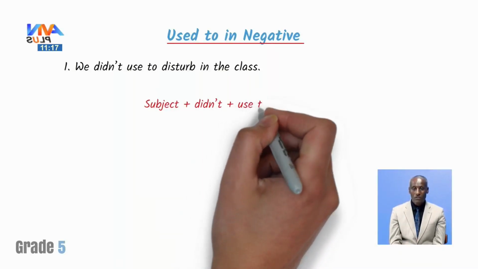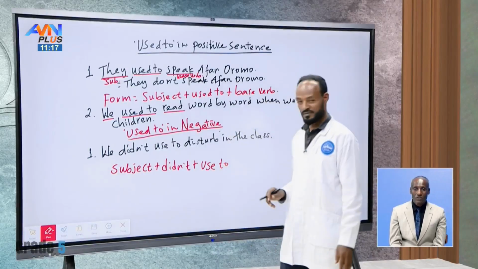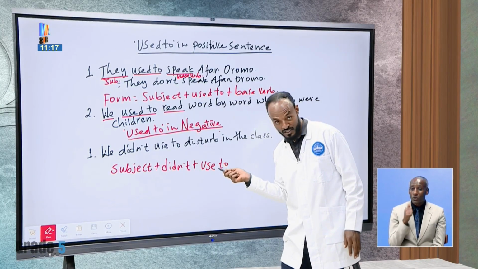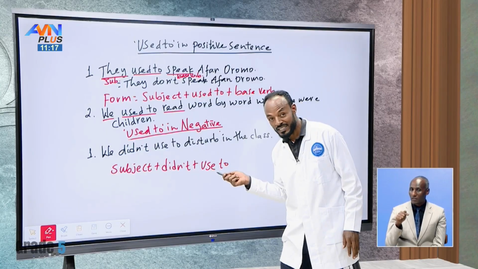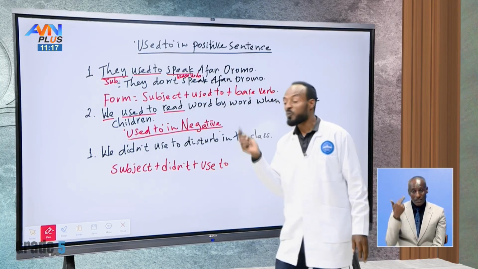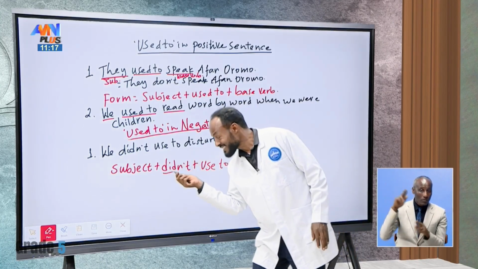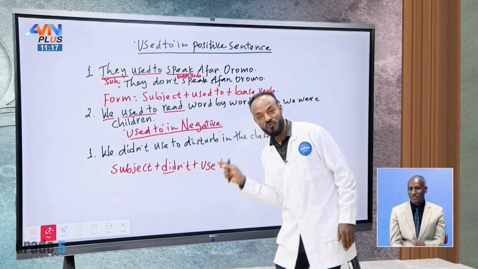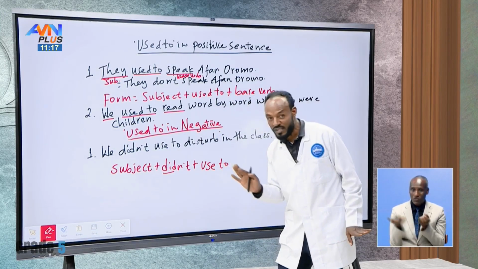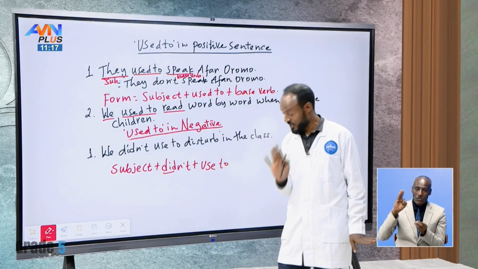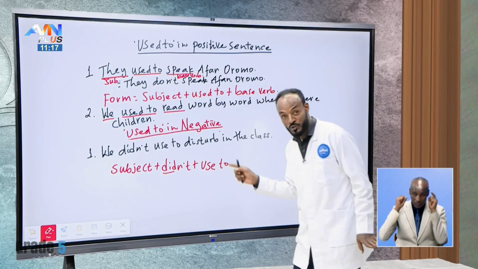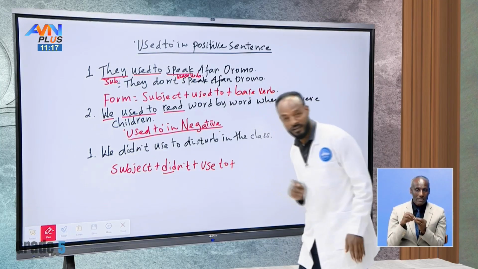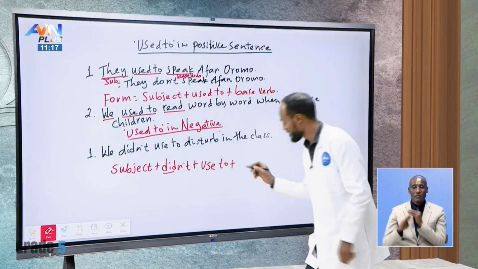No, plus use to. Bear in mind, there is no D here. Do you know the reason? The reason is that we put here the past indicator did. So there is no need of adding D or ED. I hope it's clear. Use to plus base verb.